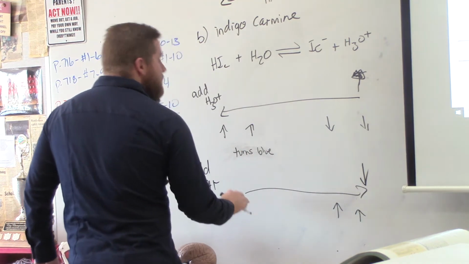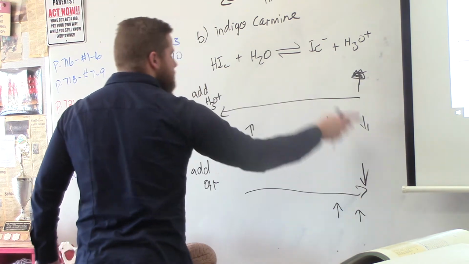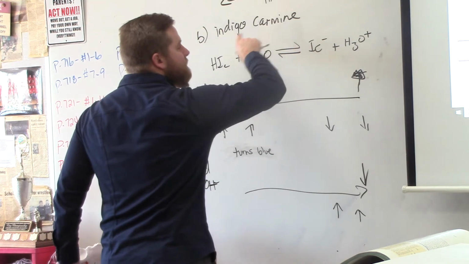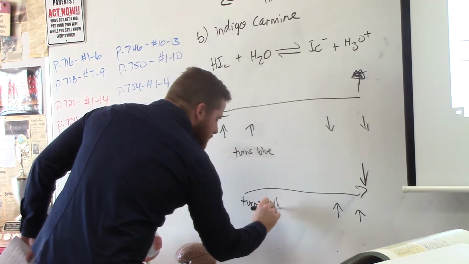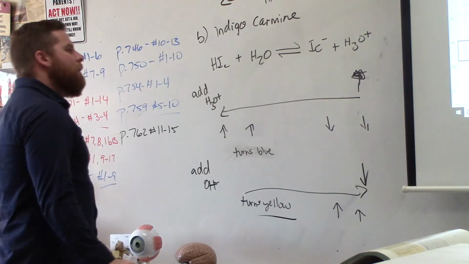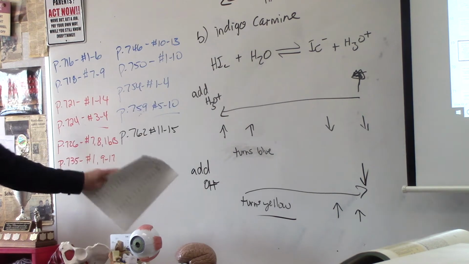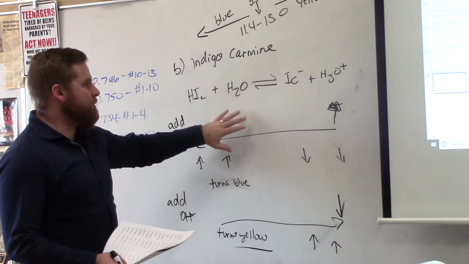So with increasing basicity, the H3O plus is going to be taken out of solution if we add OH negative. With increasing basicity, it shifts to the right and then turns yellow. So indicators work on weak conjugate acid-base principles.